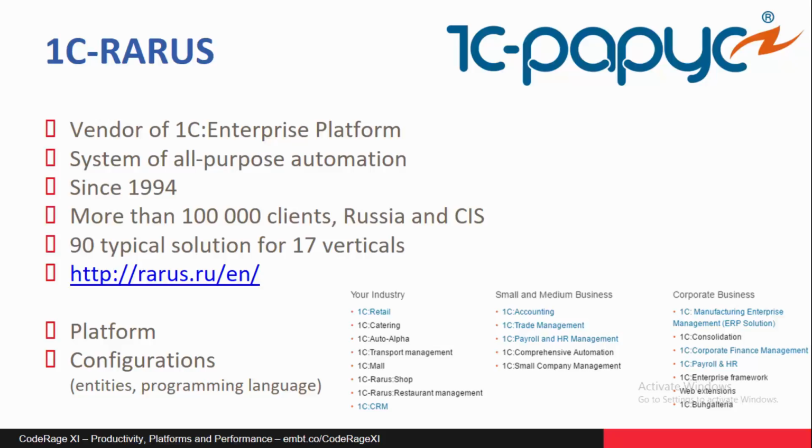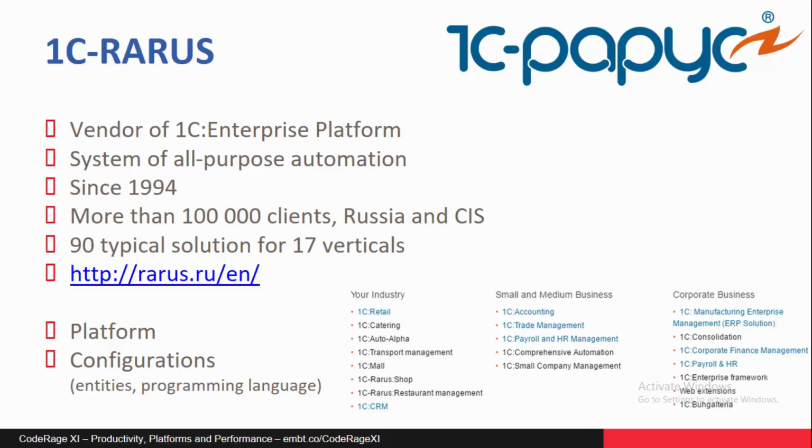And this is a business. The business started in 1994, so it's quite mature, very mature, and maybe number one regarding this kind of platform in Russia. And the company has more than 100,000 clients, I mean companies in Russia and CIS.